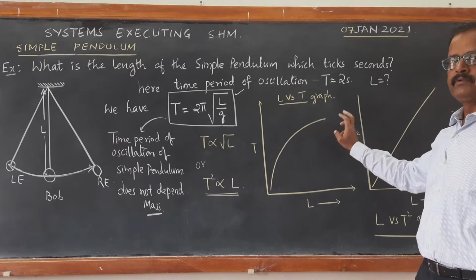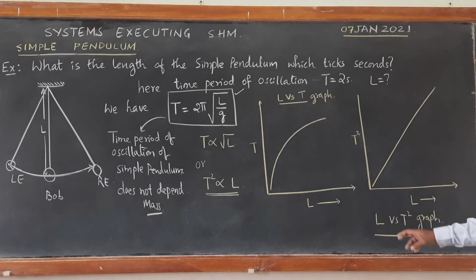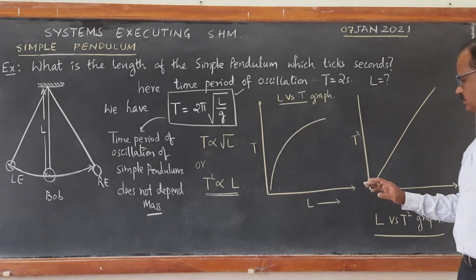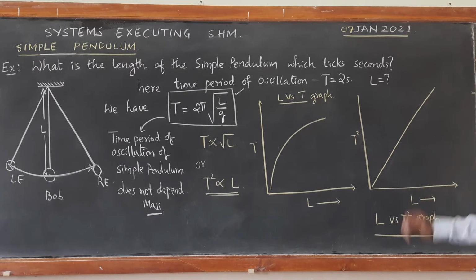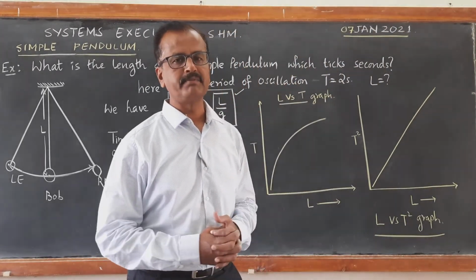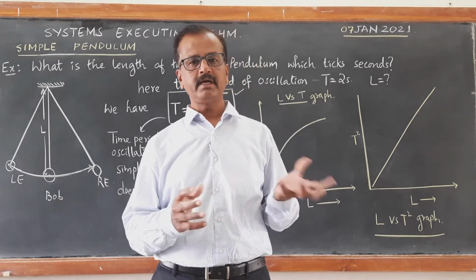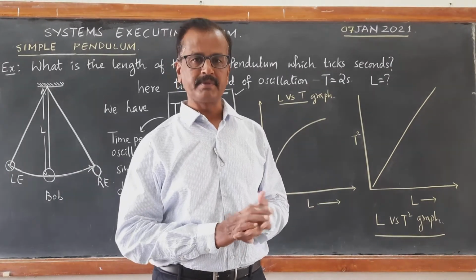And if you draw T square versus L, with L taken along the x axis and T square along the y axis, you will get a straight line graph because T square is directly proportional to L. These are the types of graphs which you are going to verify experimentally when you do the experiment with a simple pendulum. That time you will definitely realize these graphs experimentally.